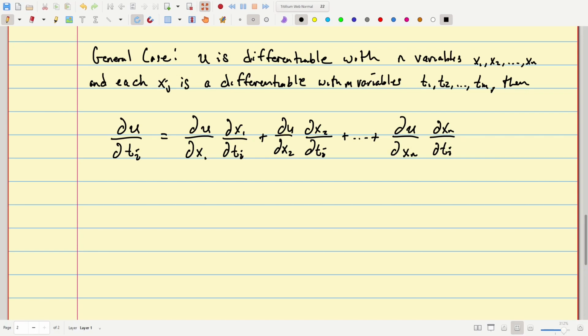Okay, so what this says to us is that what we've learned works for a function of any number of independent variables. The only difference is note keeping.